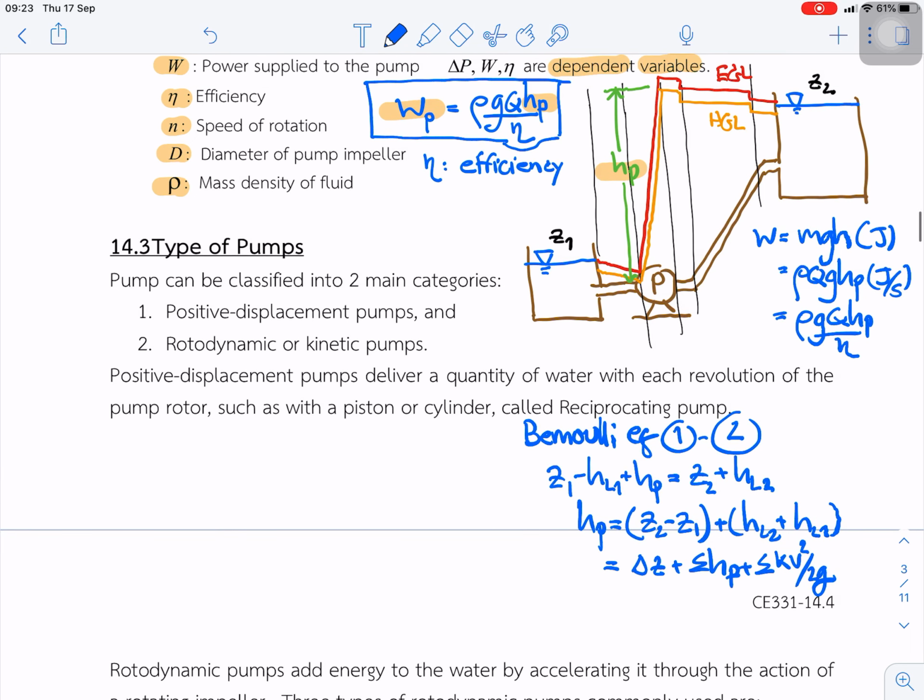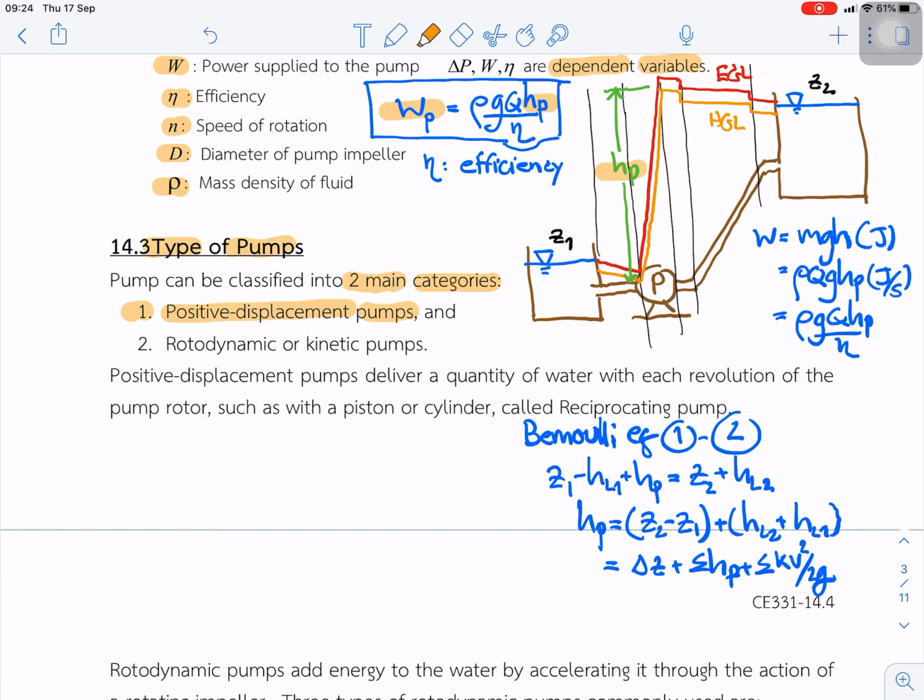Okay, the next topic is the type of pump. We can classify them into two main categories. The first we call the positive displacement pump, or pump chuck in Thai.